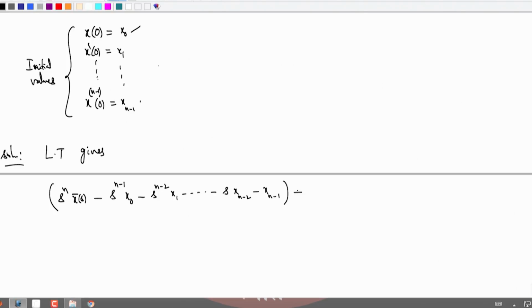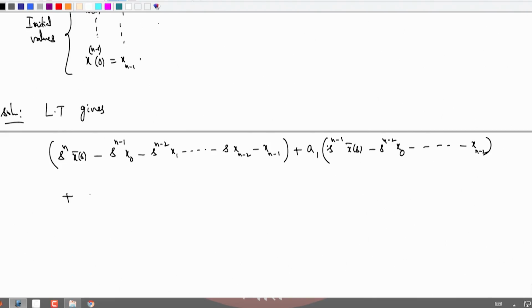And then you multiply. So, for the second term again you write in a similar fashion. If you write this as s power n minus 1, because it is the n minus 1th derivative, x bar of s minus s power n minus 2 x naught and so on. Finally, you end up getting x n minus 2.